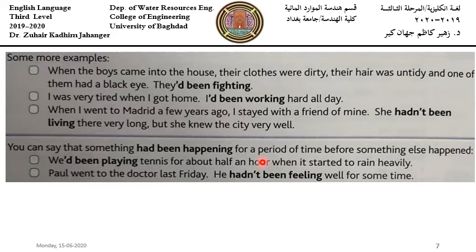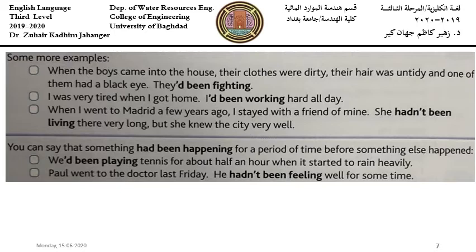We'd been playing tennis for about half an hour when it started to rain heavily. Another example: Paul went to the doctor last Friday. He hadn't been feeling well for some time.